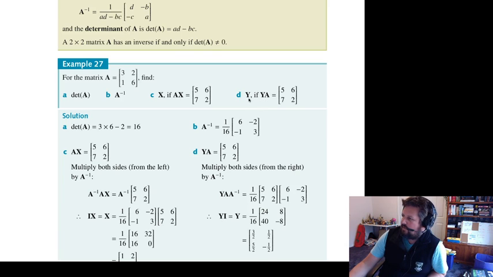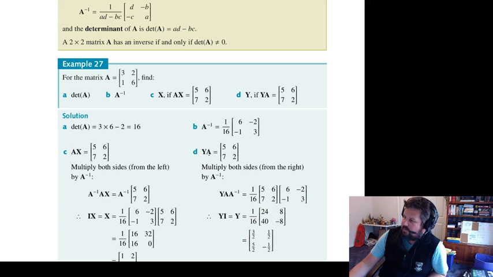Last but not least, it's asking us to find y if yA is equal to this. Again, in this particular case, notice the A is the second thing, so we're going to be multiplying after this A by the inverse of A. With the one that we did over here, A was the first thing, so it's A multiplied by x, and because it was the first thing, you would multiply by the inverse first.